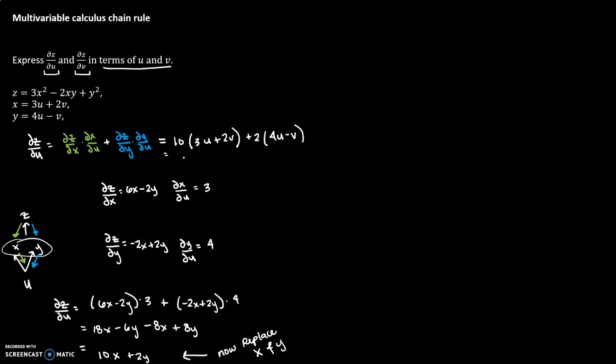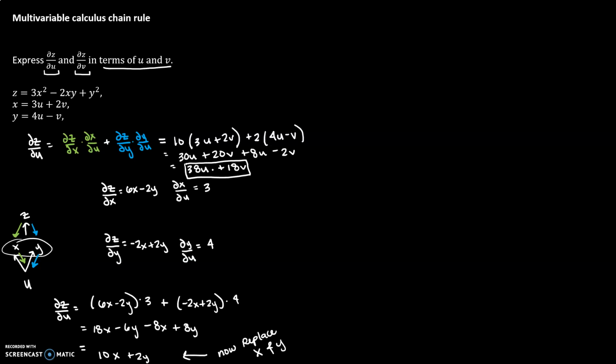And we can clean that up a little bit. 30u plus 20v plus 8u minus 2v. Even cleaner, 38u plus 18v. So the partial of z with respect to u, in terms of u and v, comes down to this really simple expression.